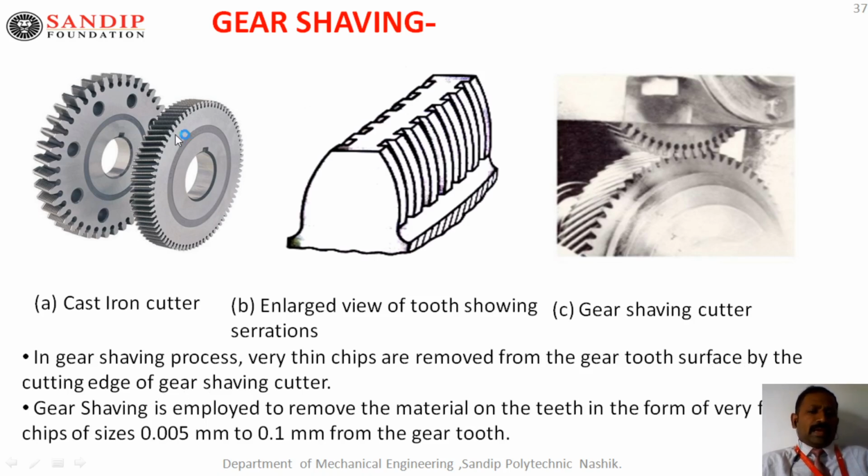Gear shaving is employed to remove material on the teeth in the form of very fine chips, of size 0.005 mm to 0.1 mm from the gear tooth. So the material removal rate is in the form of microns. That is the finishing process. The same kind of gear is used as the sharp-edged tool, that is the gear shaving tool.